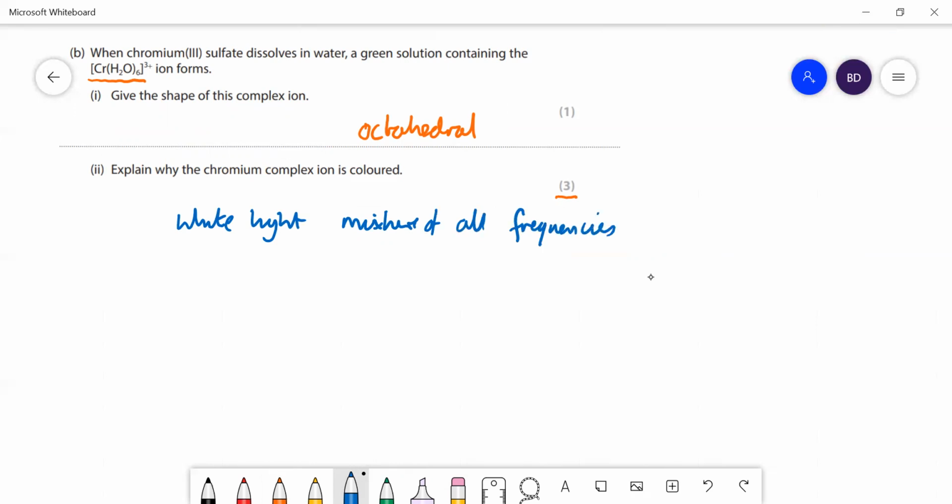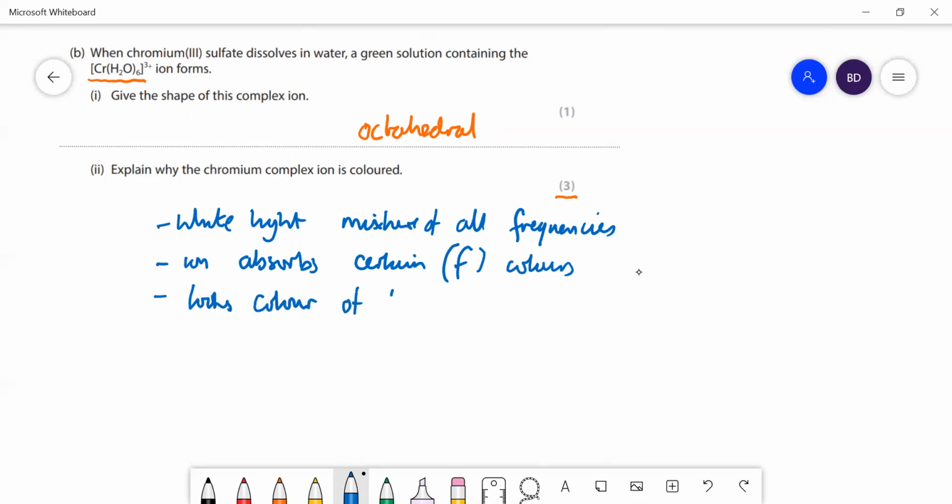The chromium complex ion only absorbs certain frequencies, colors. So it looks the color of those frequencies it doesn't absorb.